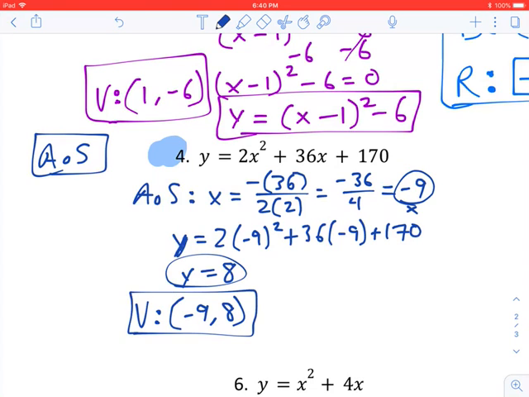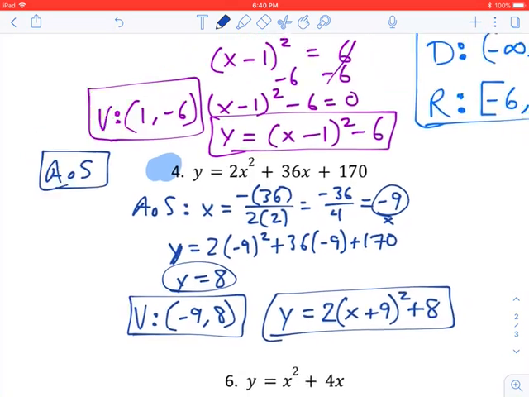Vertex form is y equals parentheses x plus 9, opposite, plus 9 squared, and then plus 8. And again, we talked about this in class, but your a value in front should be your a value in your vertex form. And there's my vertex form.